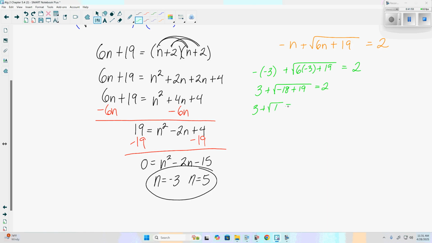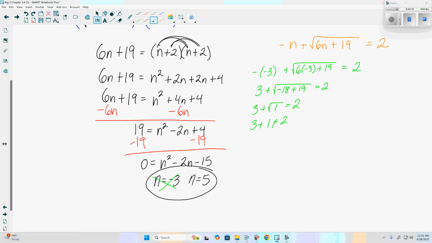Negative 18 plus 19 is 1. Square root of 1 is 1. Well, 3 plus 1 is not 2. 3 plus 1 would give us 4. So that tells us negative 3 does not work.